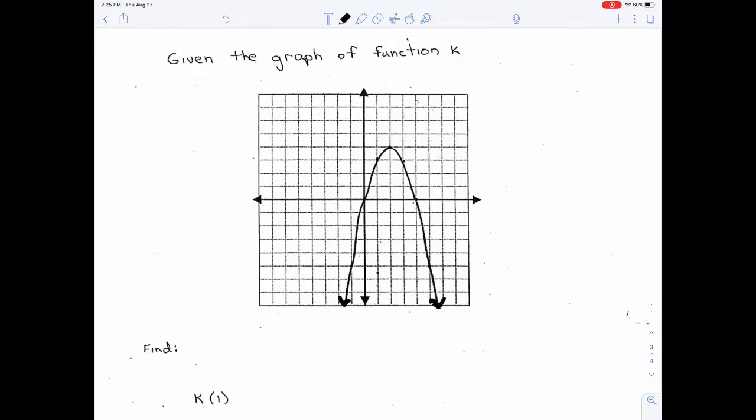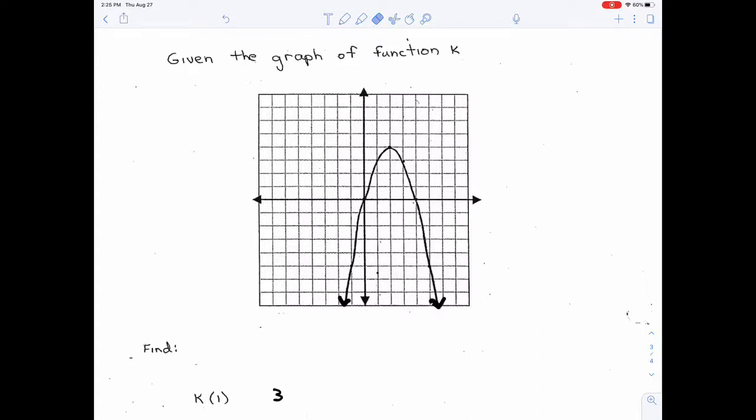It's this one right here. That's a point on the graph that has an x coordinate of 1. And what's its y coordinate? 3. The k of 1 is 3. Now, I'm going to erase that, but you may need to go back and listen to that again, because I have to do the other ones.